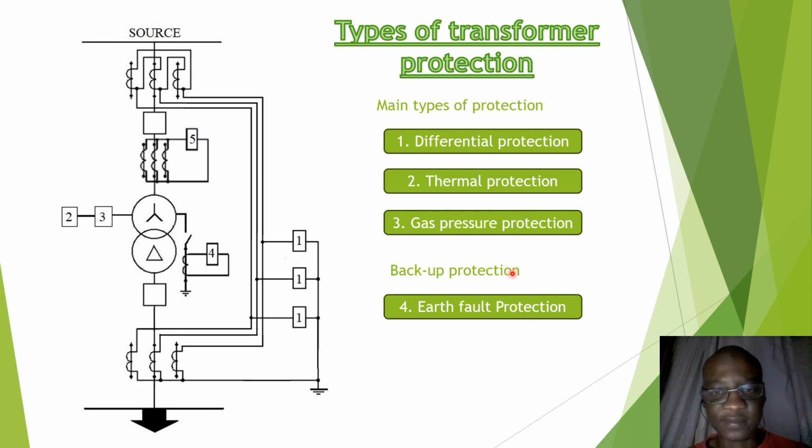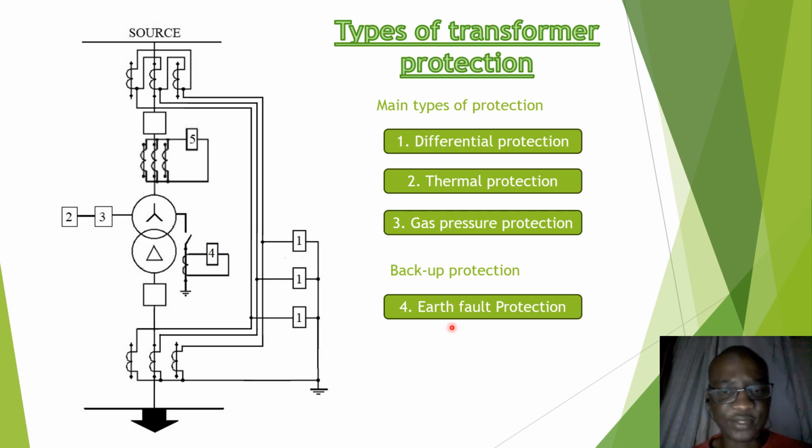And then we have backup protection. One thing we should say about backup protection is it is the second line of defense. It occurs in the case of failure of the main type of protection. So, earth fault protection: an earth fault occurs when the windings or the iron core of the transformer is inadvertently connected to the earth.